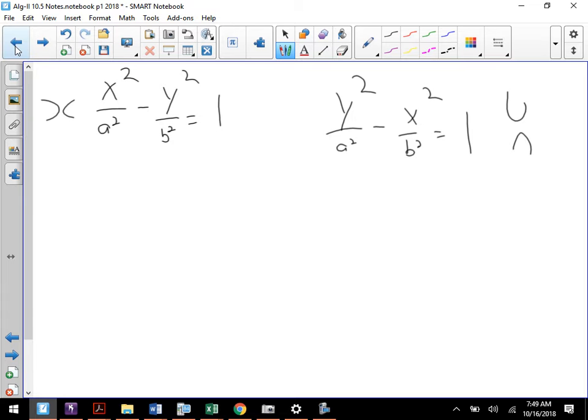Okay. So here's when C squared is A squared plus B squared. And what was the way I was showing you guys the shortcut to remember that by? Yeah. If a hyperbola is subtraction, C is plus. And ellipse is addition, which means C is minus. Just remember it's going to be the opposite.